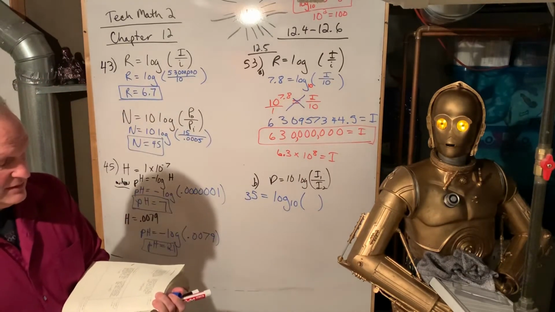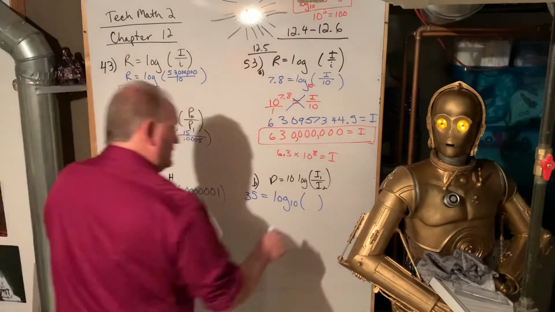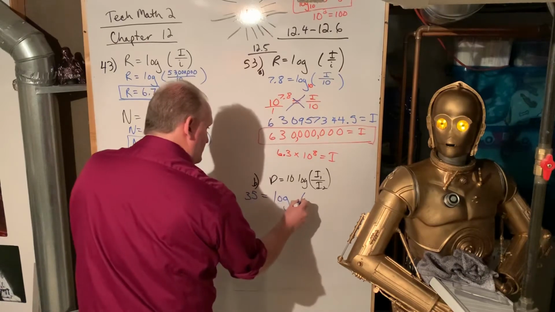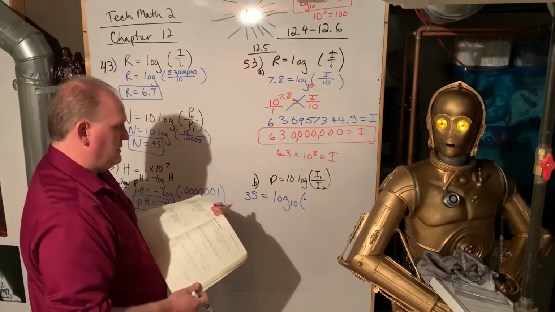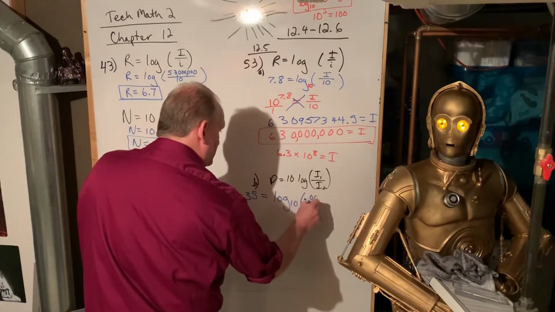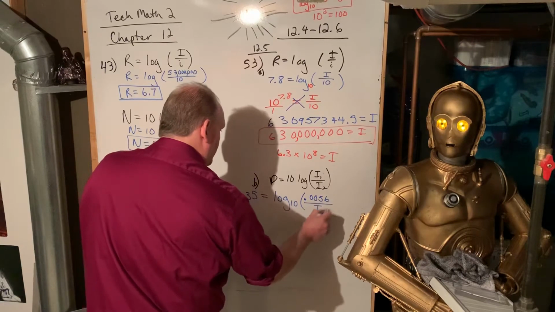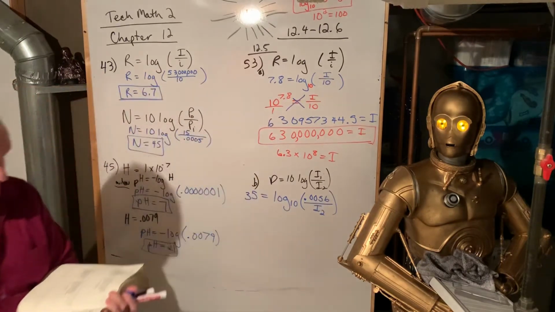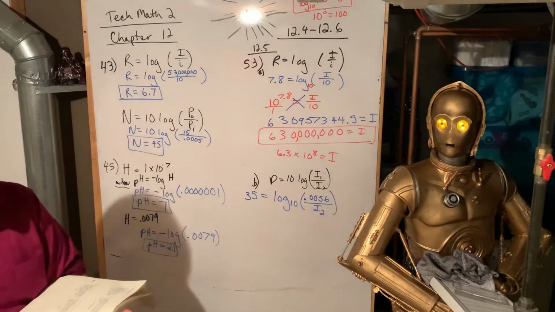They gave us I sub 1. That's a little number. It's 5.6 times 10 to the negative 3. So we'll just go 0.0056 over I sub 2. And round to 2 significant digits for that one also.